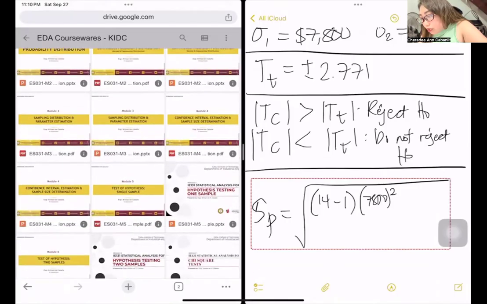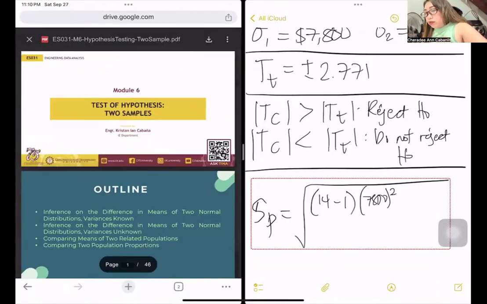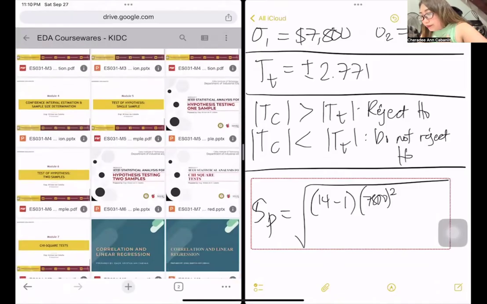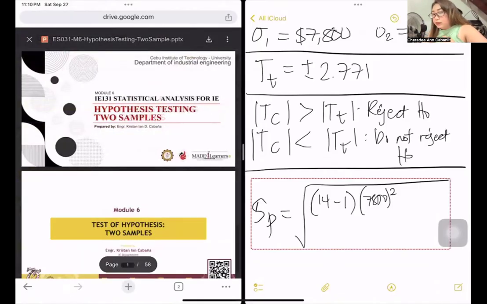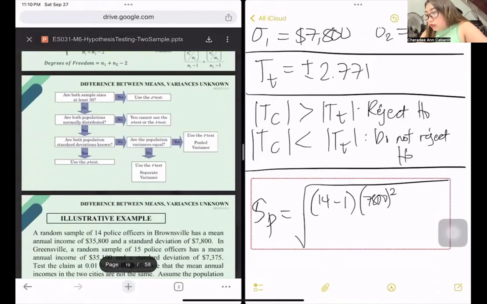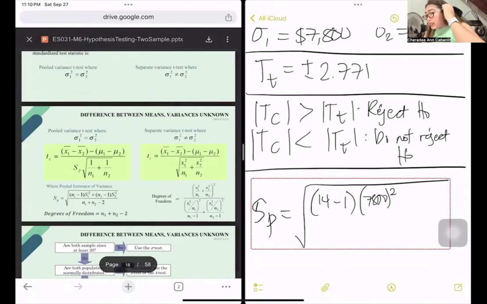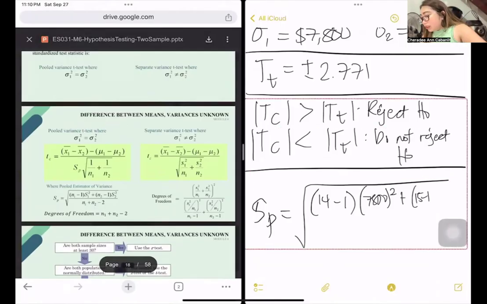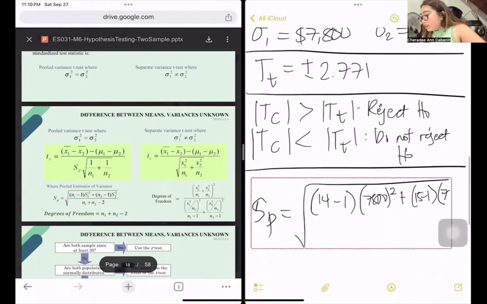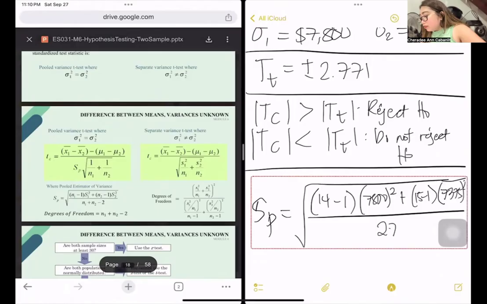Let me go back. Okay, there is the formula. So it's plus: that's 15 minus 1, times 7.375 squared, over the degrees of freedom, which is 27.